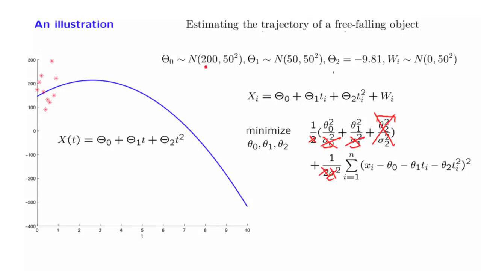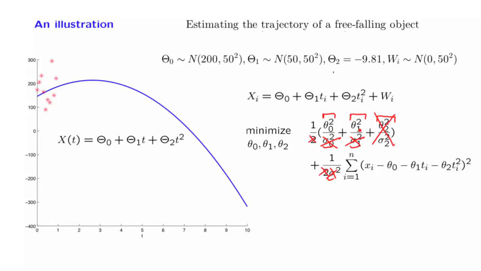Finally, just in order to get a nicer illustration, instead of taking zero means, we're assuming that the initial position has a mean of 200. So we're starting somewhere around here. And furthermore, the initial velocity has a mean of 50, so we expect the object to start moving upwards. How does this change the formulation? Well, remember that this term and this term originated from the priors for theta naught and theta 1.